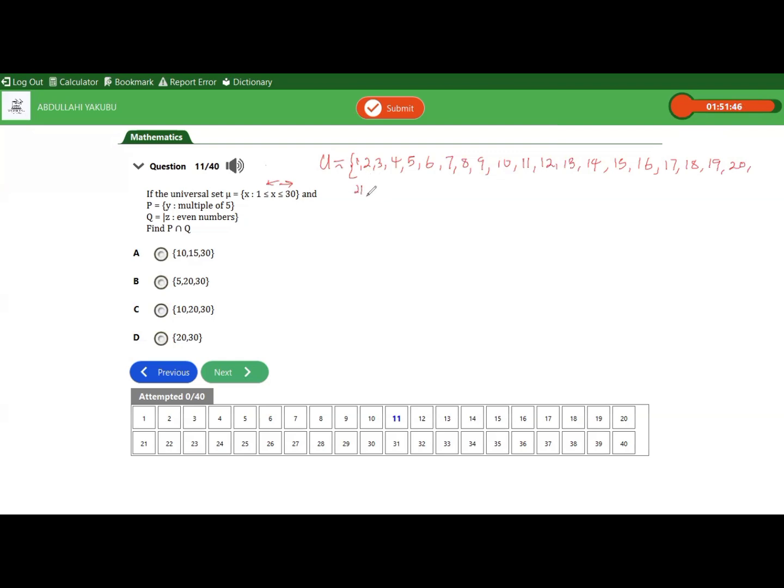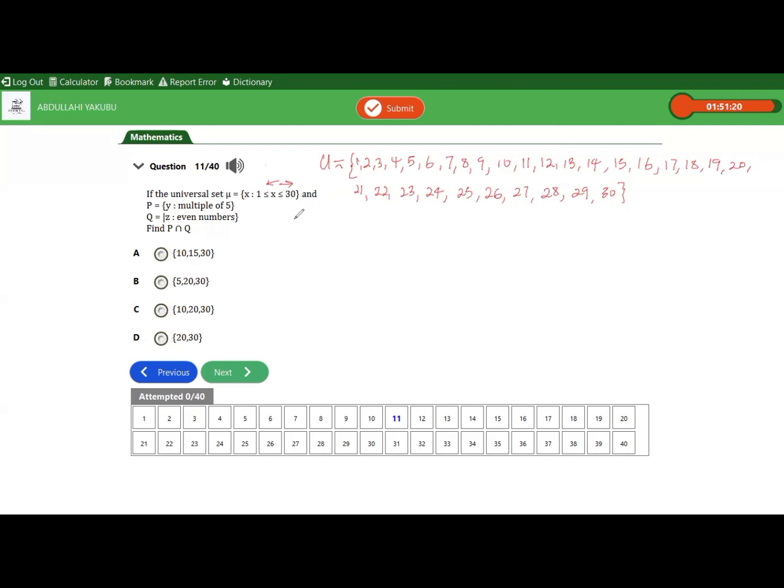So 21, 22, 23, 24, 25, 26, 27, 28, 29, 30. So these are all the elements in the universal set, right?